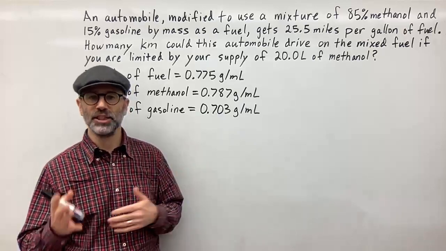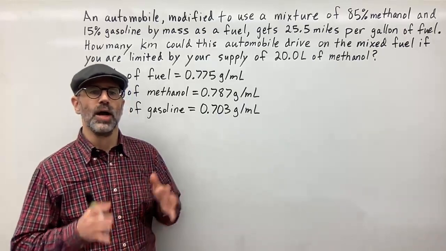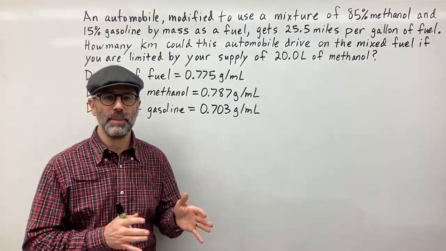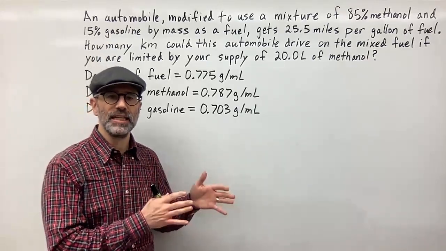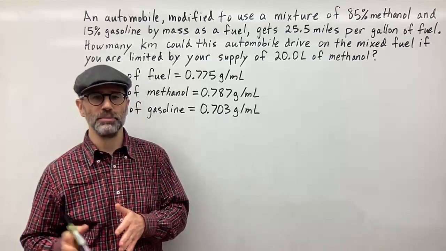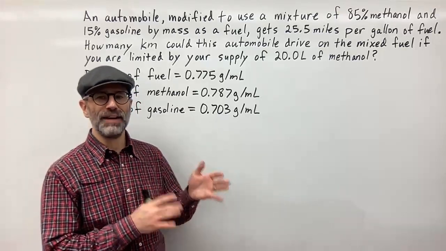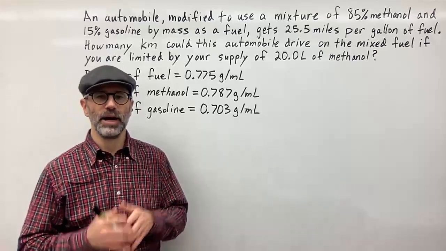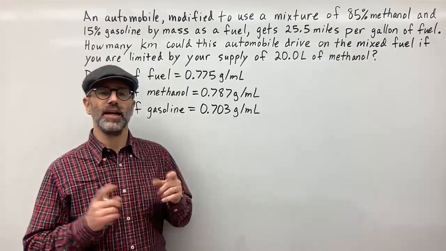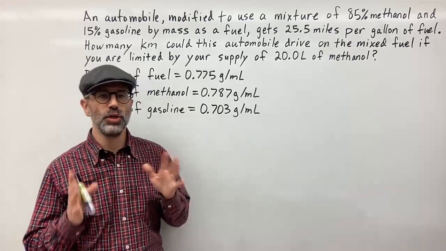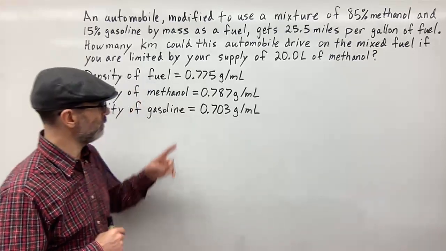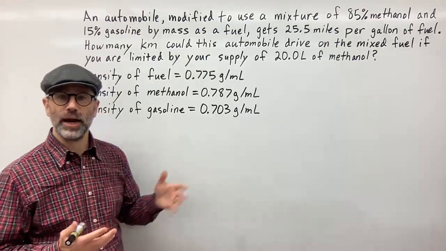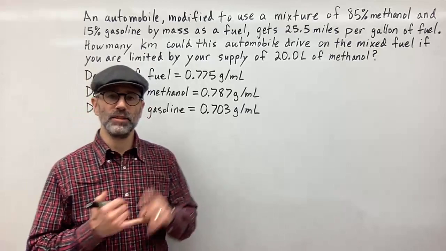Think cent for century, 100 years. So 15% by mass is going to be 15 grams out of 100 grams by mass, or 85% is going to be 85 grams out of 100 grams. It doesn't really matter which unit you use, but since we're given grams in our density, might as well use grams.